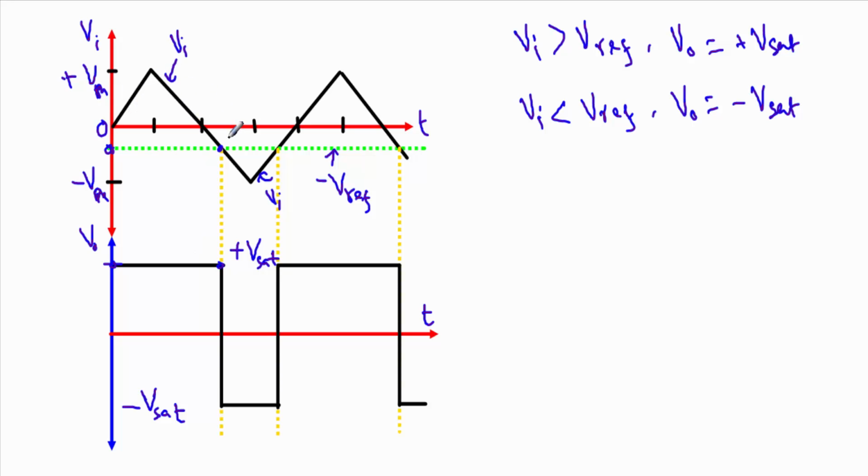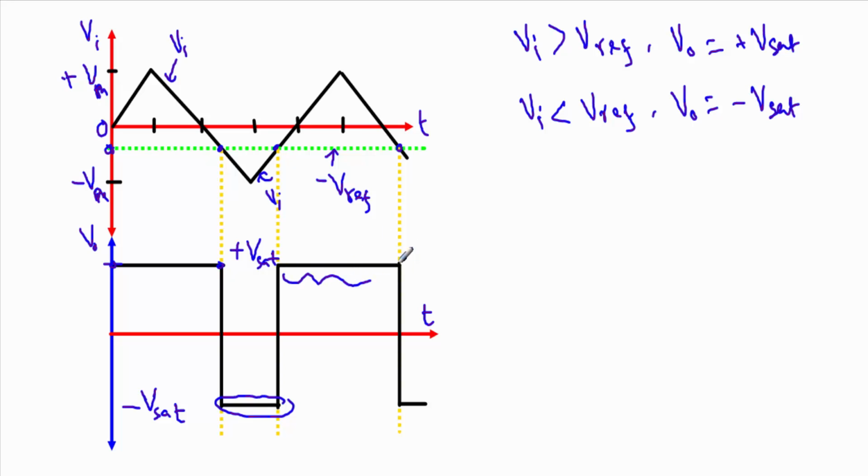When this input voltage crosses this negative level, from this point to this point, within this interval the input voltage is less than our negative reference voltage. When Vi is less than our negative reference voltage, our Vo will be in negative saturation. When this input voltage crosses this negative reference voltage again, within this interval our input voltage is greater than our negative reference voltage, so our output voltage will be in positive saturation.